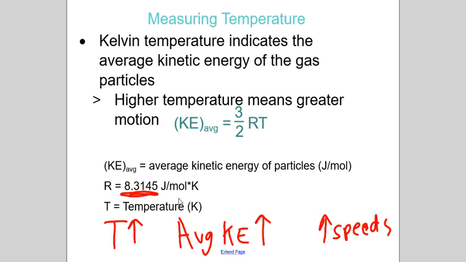In this case, because it's energy related, R needs to be the gas constant that has joules in it: 8.3145 joules per mole per degree Kelvin. So average kinetic energy is equal to 3 over 2 times R times T, which is Kelvin. If T goes up, that means this goes up, and that means higher average speeds.